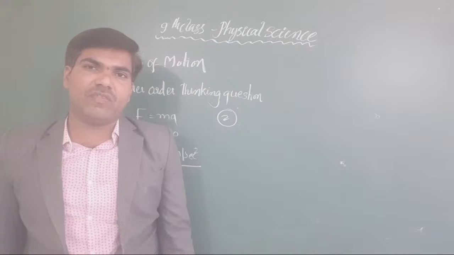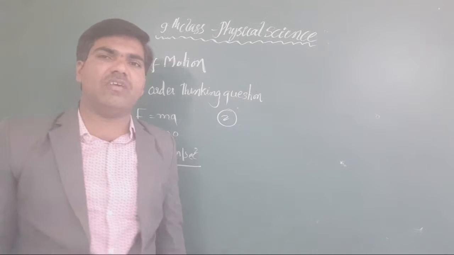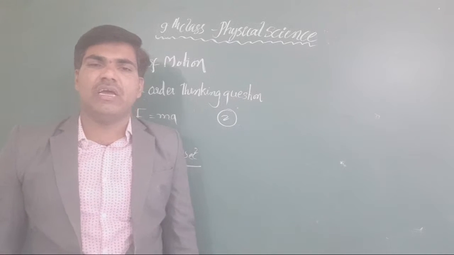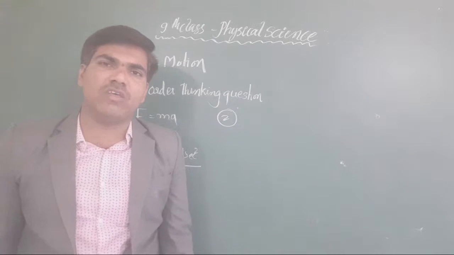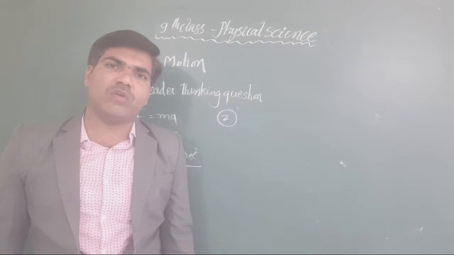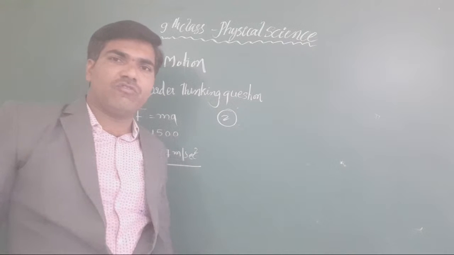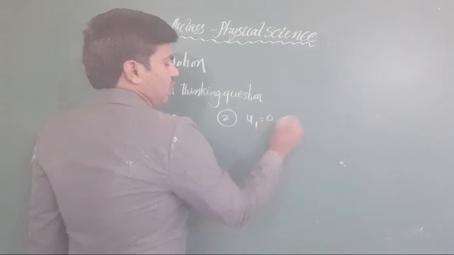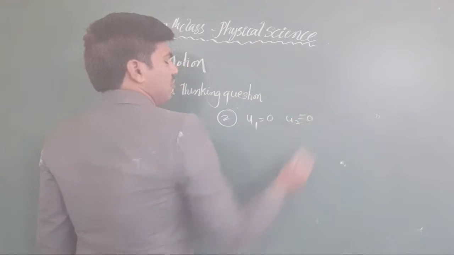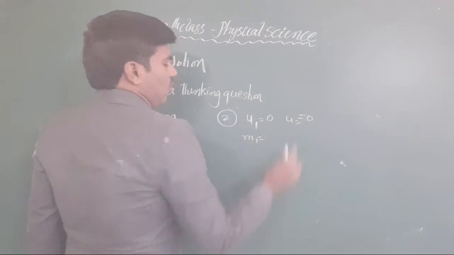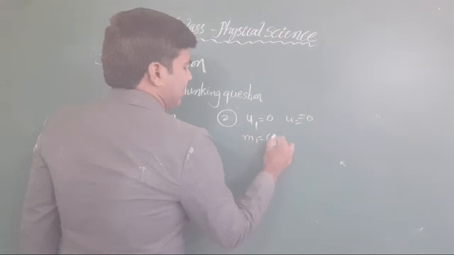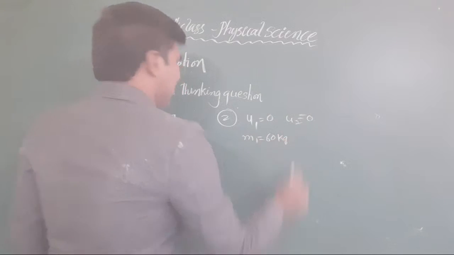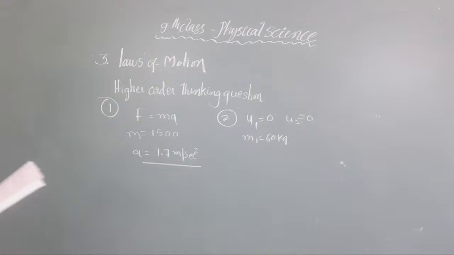Now, initially at rest here. Both are initially at rest, which means what? U1 is equal to 0 and U2 is also equal to 0. M1 is taken as 60 kgs, and this 60 kgs body has what velocity?